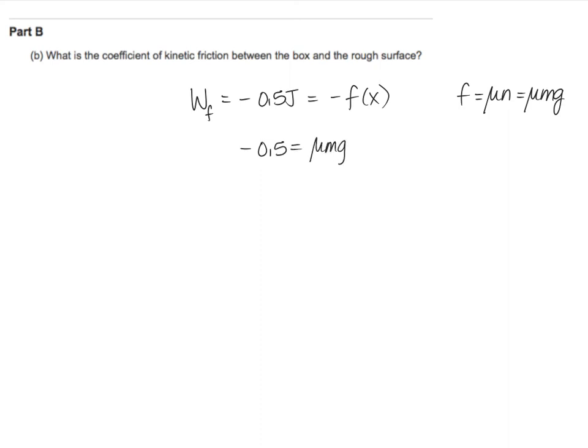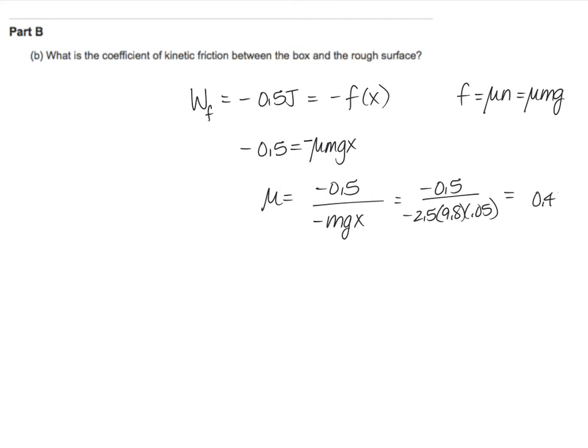Mu mgx. Mu is going to be minus 0.5 over minus mgx. And we get a coefficient of friction of 0.41.